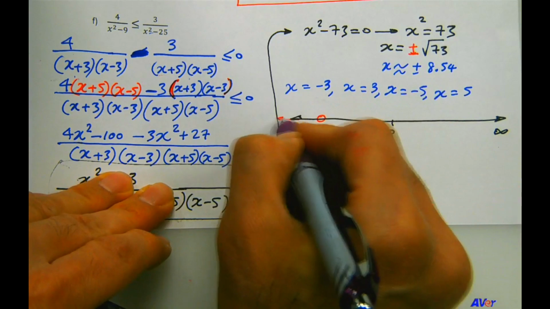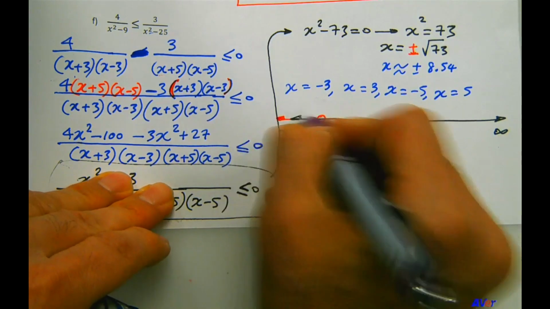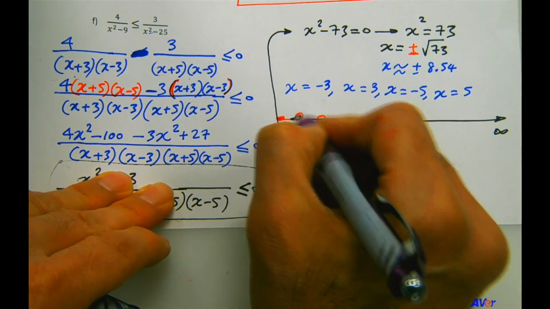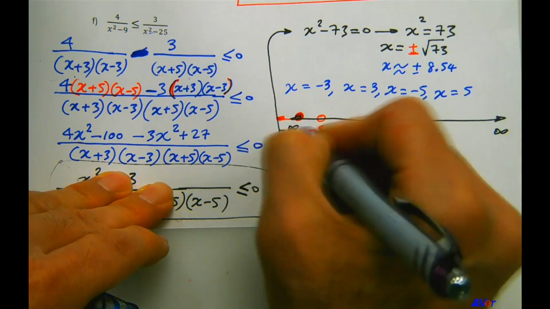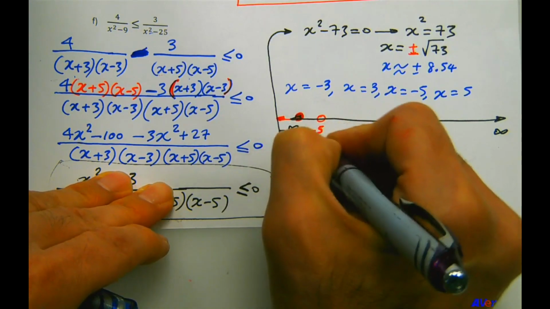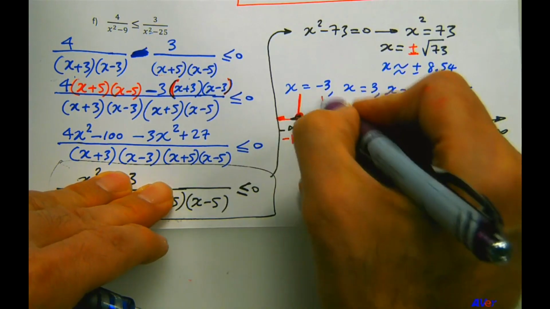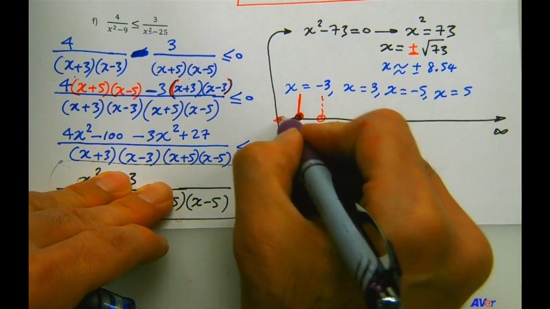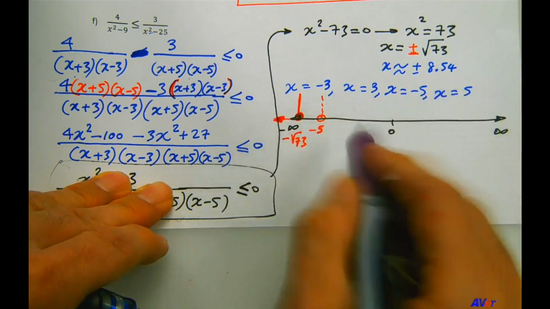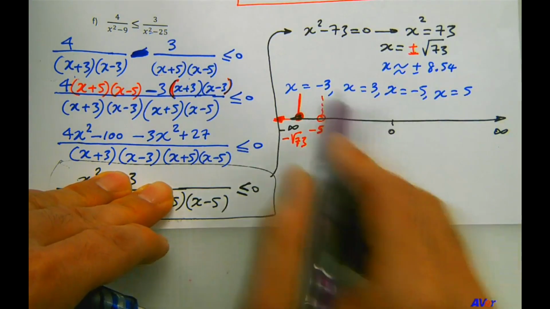So that will be way out here, and that is allowed. So negative square root of 73. So that is a solid line, that is a dashed line. And then negative 3 also.